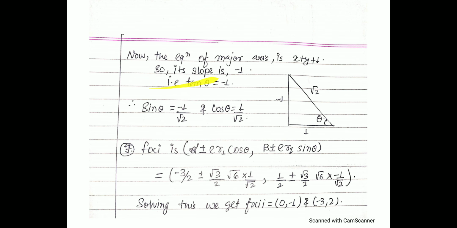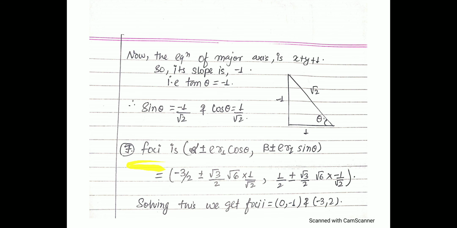And now the equation of major axis is x plus y plus 1, so its slope is minus 1, that is tan theta equals minus 1. So we can put this by Pythagoras theorem: sin theta equals minus 1 by root under 2 and cos theta equals 1 by root 2.